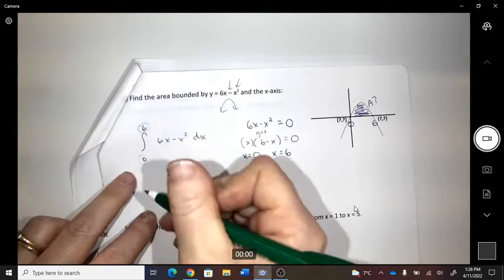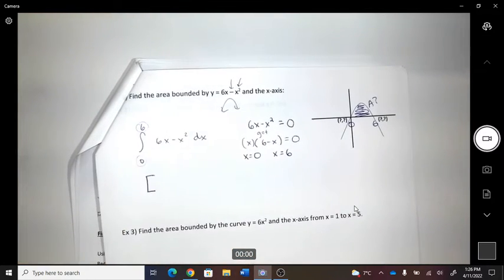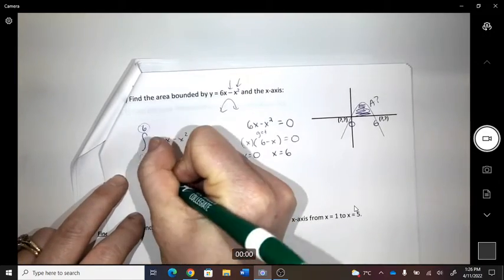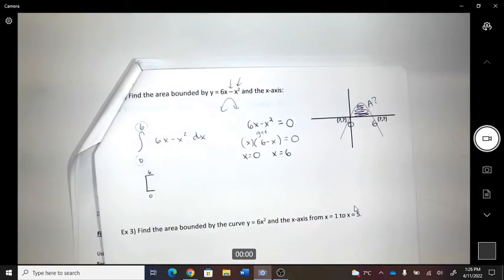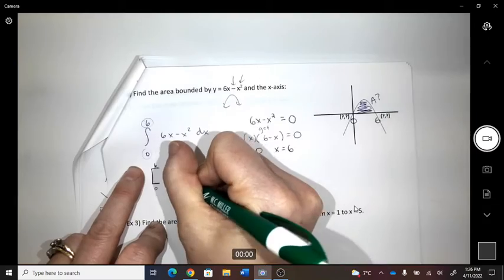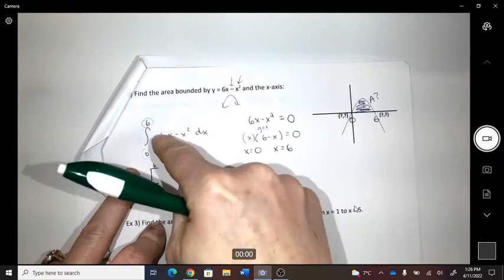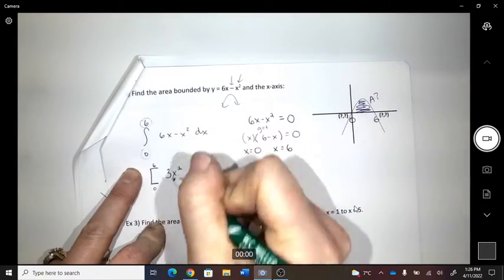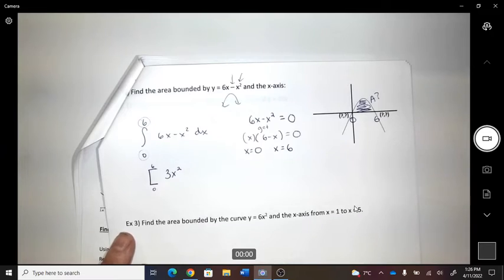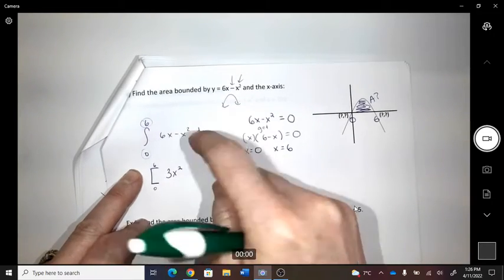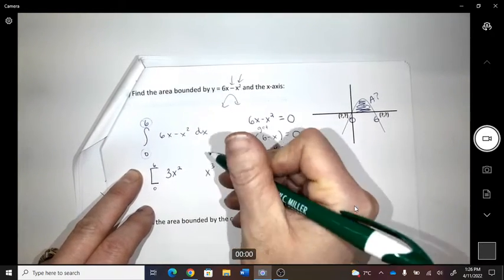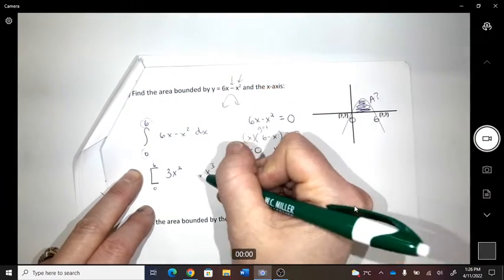Okay, so I'm going to do the antiderivative from 0 to 6. Here we go. Up means it's an x squared. 6 divided by 2 means there's a 3 in the front. If I go up, it's an x cubed, the original 1 divided by 3.